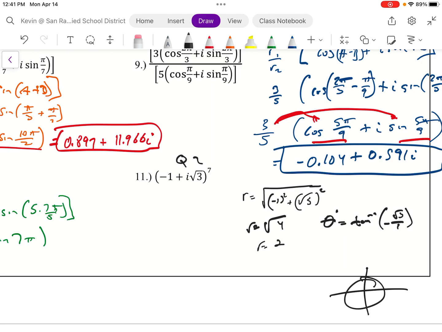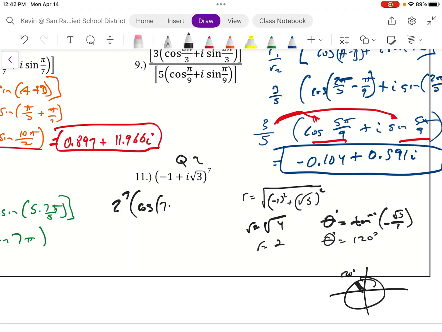So we have 90 and 30, 120. Yeah. So our angle, well, yeah, knowing where we are. Okay, so theta equals 120 degrees.